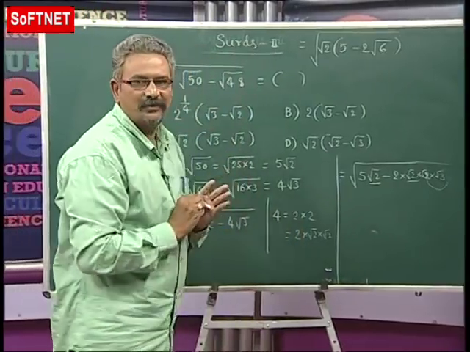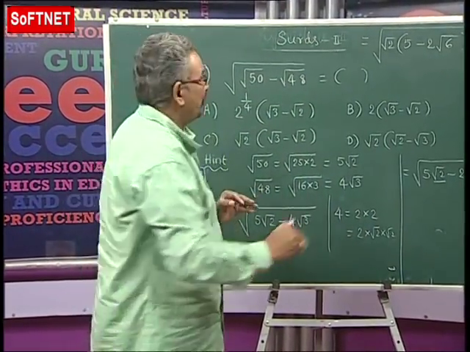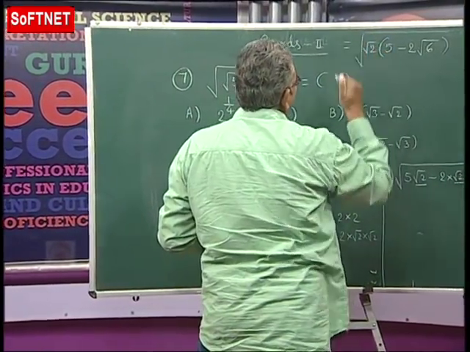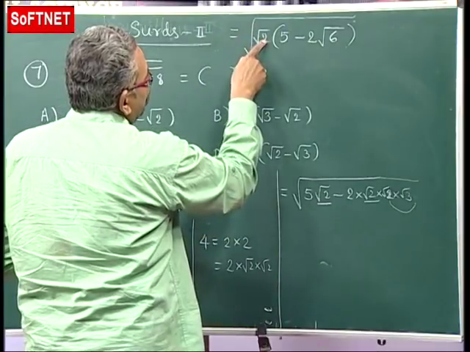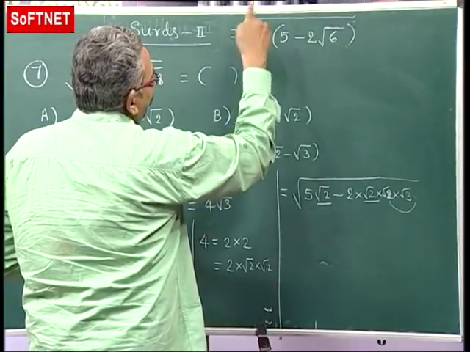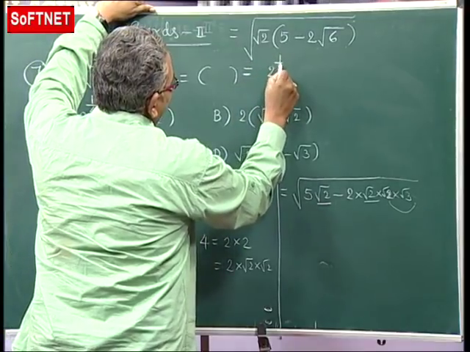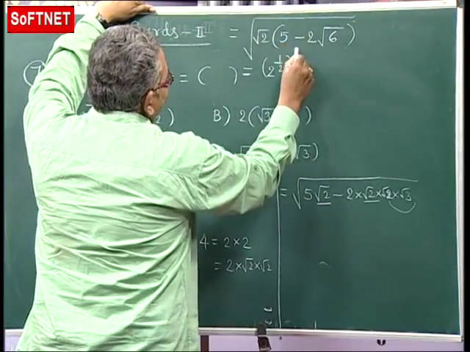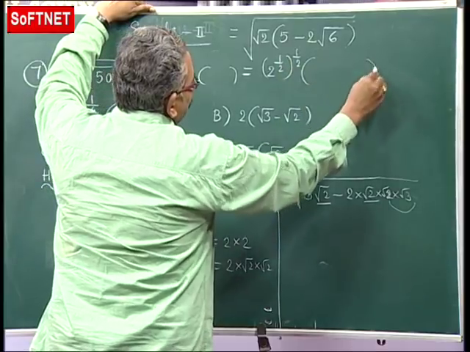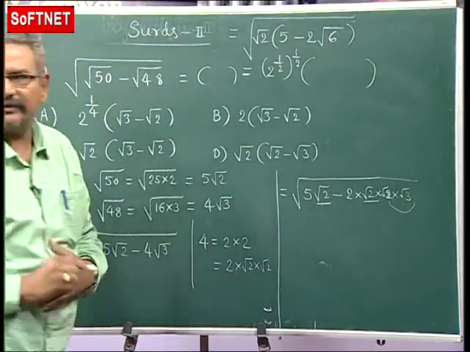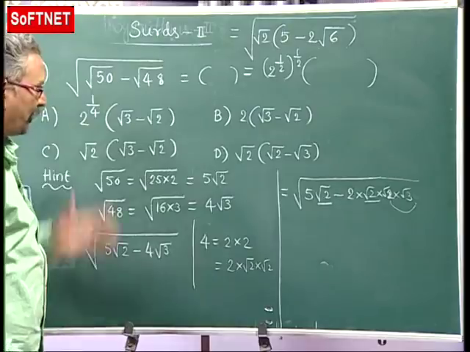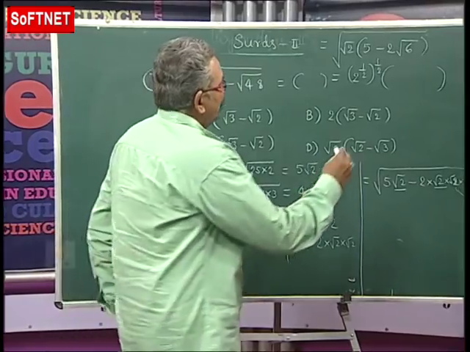Now, easily we can find out the square root of 2, that is root 2 means 2 to the power of half. This becomes 2 to the power of half and half, whereas the square root of this one we have to find out. Here we have to frame a question in our mind. What is the question?